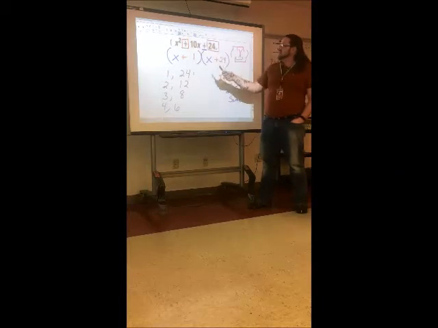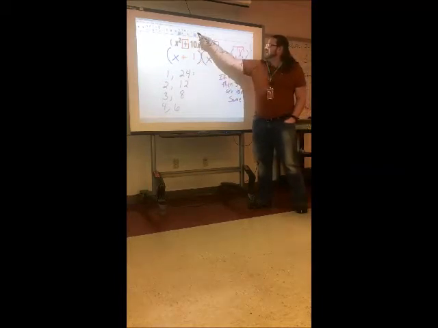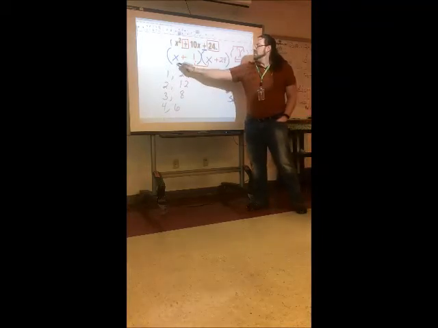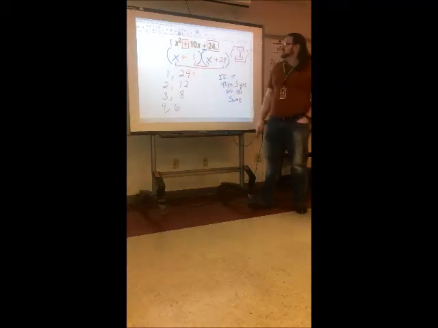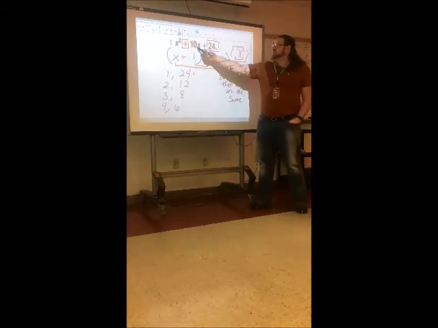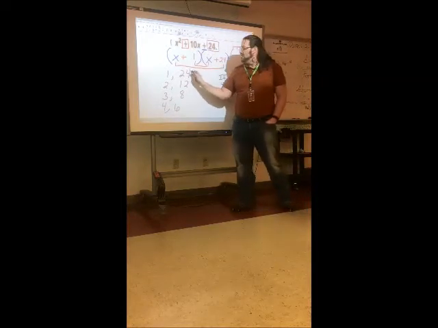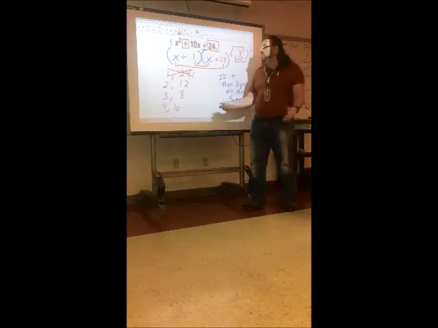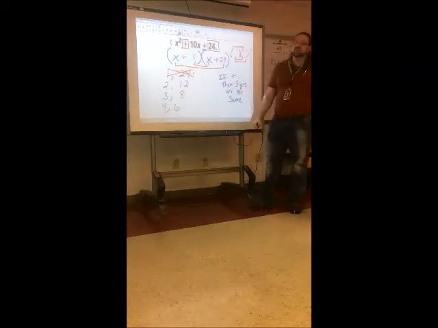But if I look on the inside, I have 1x and I have 24x. Does 1x and 24x equal 10x? No. So it can't be this one. Unfortunately, guys, this does come down to a guess and check. The more you do this, obviously the faster you're going to get at it, because you're going to recognize right away that that wasn't the right answer.